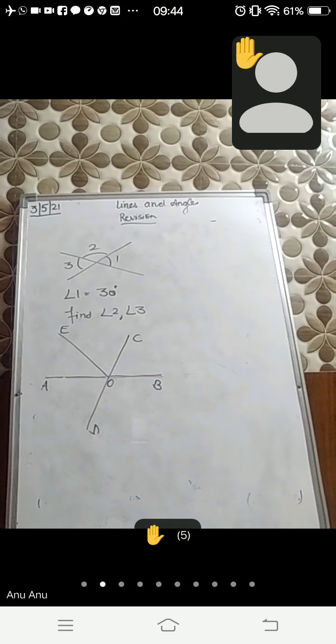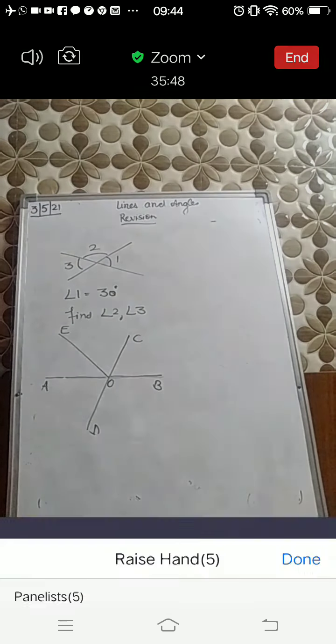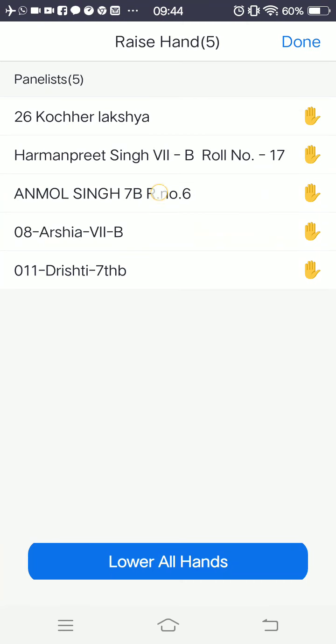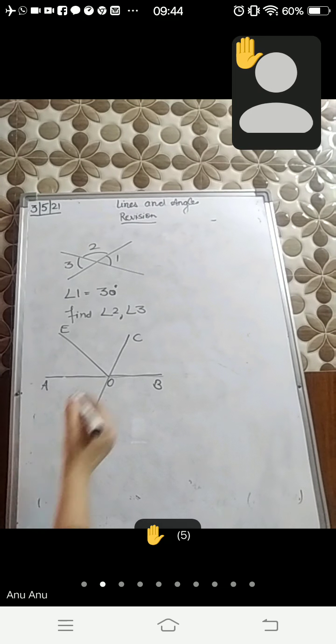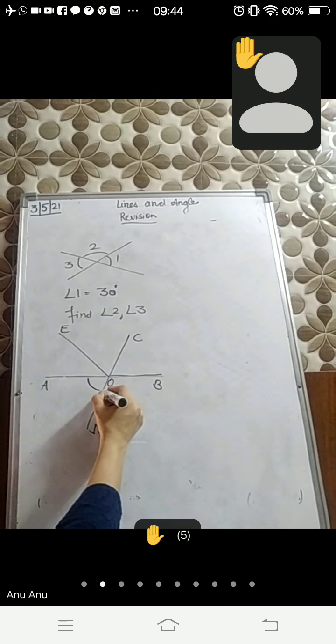You are speaking the complete line. Yes, mute yourself. Yes, Anmol Singh, tell me the next pair. Pair means you have to tell me the two angles which will give you a sum of 180 degrees.